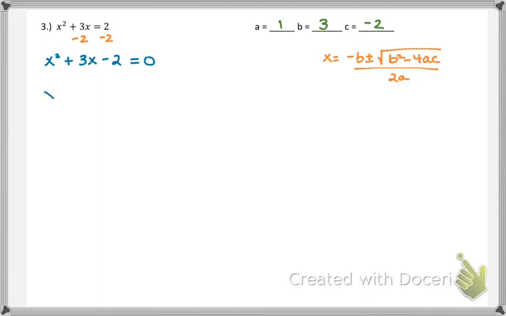Applying the quadratic formula, x equals negative 3 plus or minus the square root of 3 squared minus 4 times 1 times negative 2 all over 2 times 1.